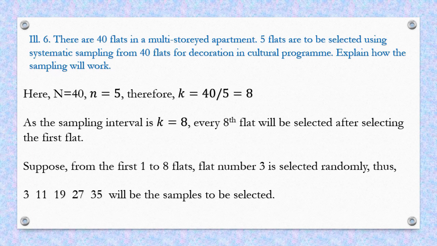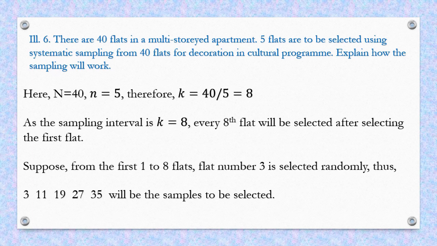I hope you guys are getting how we are doing this. We just select the first sample randomly, and all the remaining samples are selected based on the sampling interval K. The first sample was 3, the sampling interval K is 8, so just add 8 till we get our number of samples. That's how systematic sampling works.